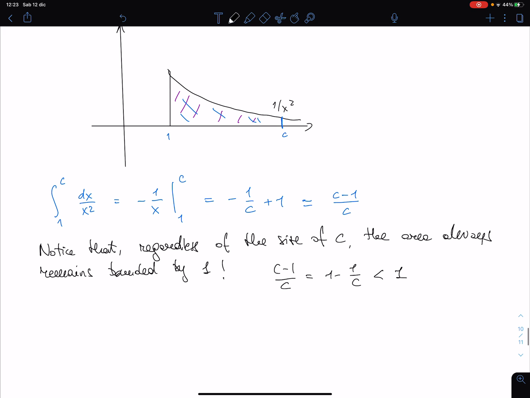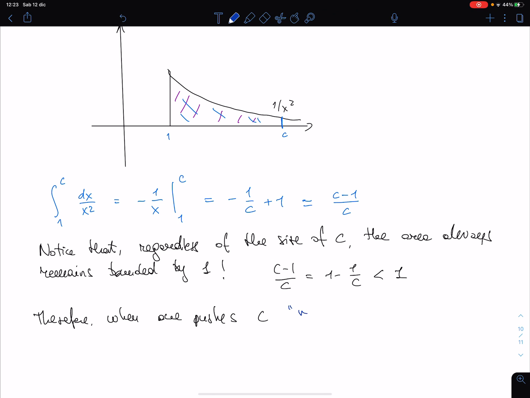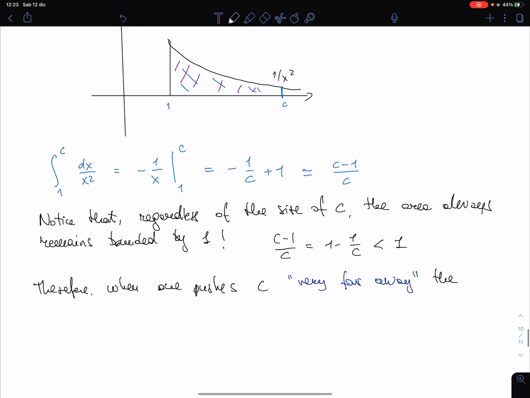Therefore, when you push c very far away, the area will never blow up, will never diverge to plus infinity.